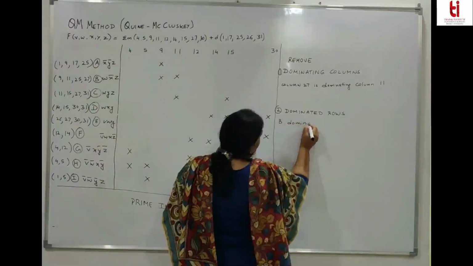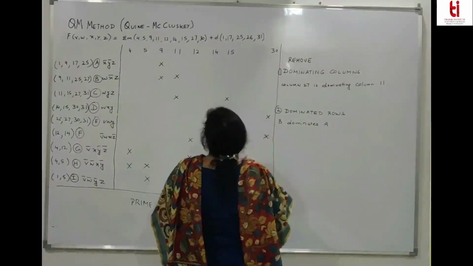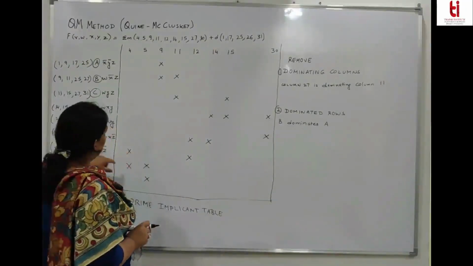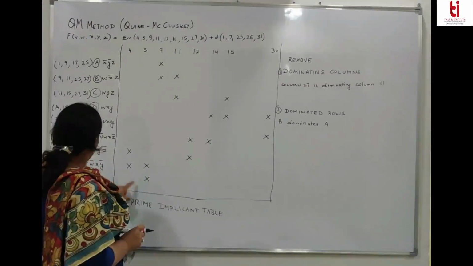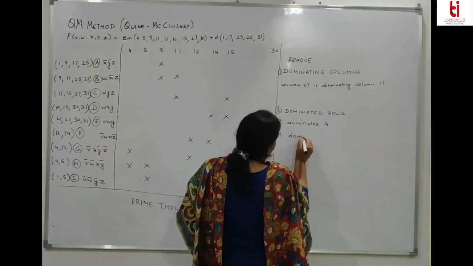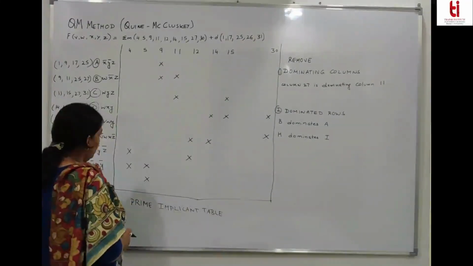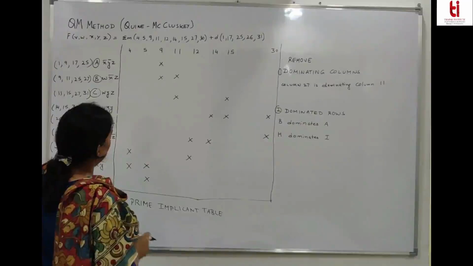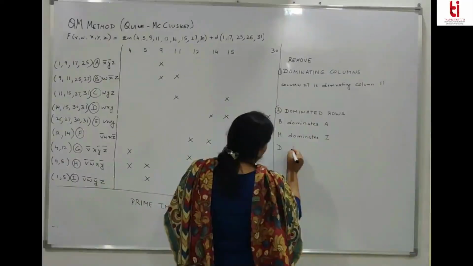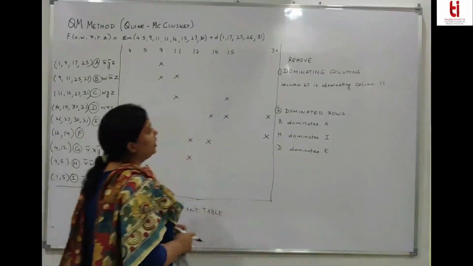You can say B dominates A. Then H dominates I, or D dominates E. Remove dominated rows.